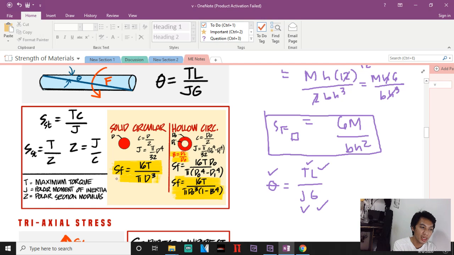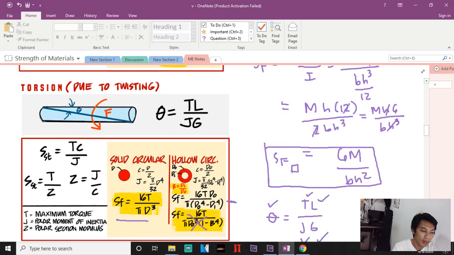So, what is the torsional strength? That is for solid circular shaft, 16T over pi d cube. Nirive ko yan sa shafting natin. And then, pag hollow circular, 16T dO over pi, dO to the fourth minus di to the fourth.